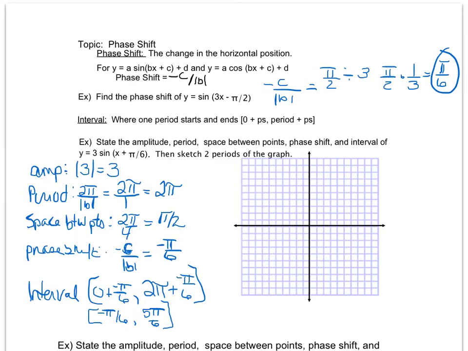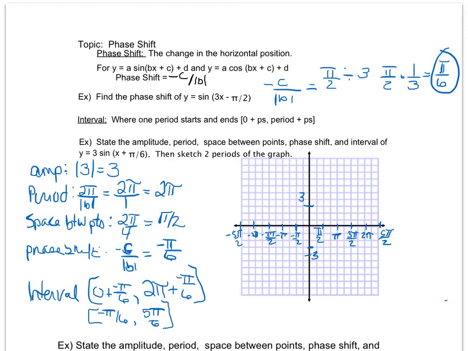Now I'm ready to graph. So I'm going to label my axes on my graph. Now that I have my labels, I'm going to go ahead and start. Normally, since it's sine, I would start here and say sine starts at 0, 0. But according to my phase shift and my new interval, I'm going to start back at negative pi over 6. Well, if you look at your unit circle, pi over 6 is that first angle that we look at in quadrant 1.